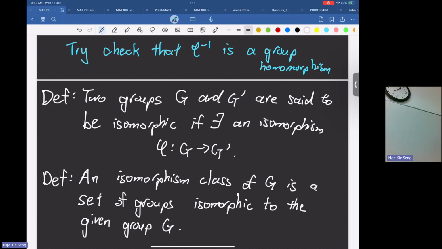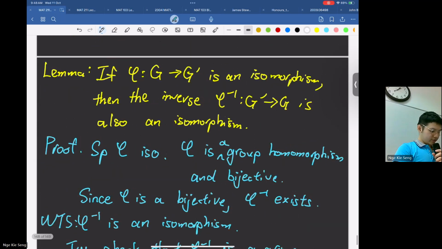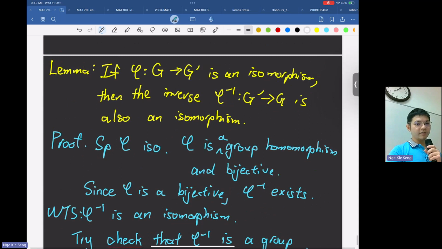If I'm the same as you, are you the same as me? If I can find an isomorphism to you, can I find an isomorphism back? Yes, this is what we have proved just now: phi inverse is the isomorphism.